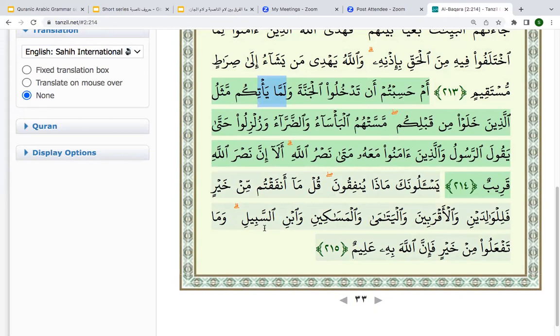It is not madi. So it is harf jazm. And don't you see the root letters of yati, yati, right? So I wanted you to see this, to experience this. I just don't want to give you material. Okay, this is your shart and this is your jawabu shart, and memorize them and go from there.